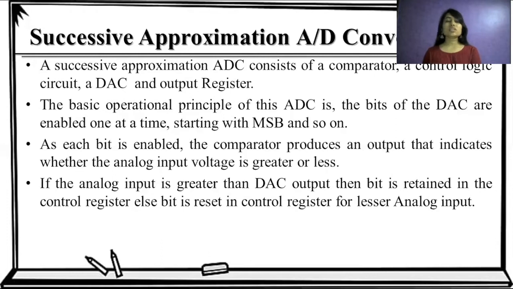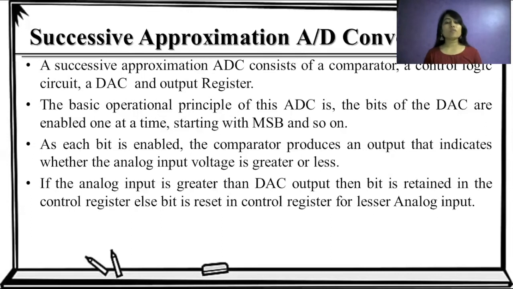Basically, in this successive approximation, we take an approximate value of the analog information using digital to analog conversion, and then we compare this approximate value with the actual analog input and check the difference.